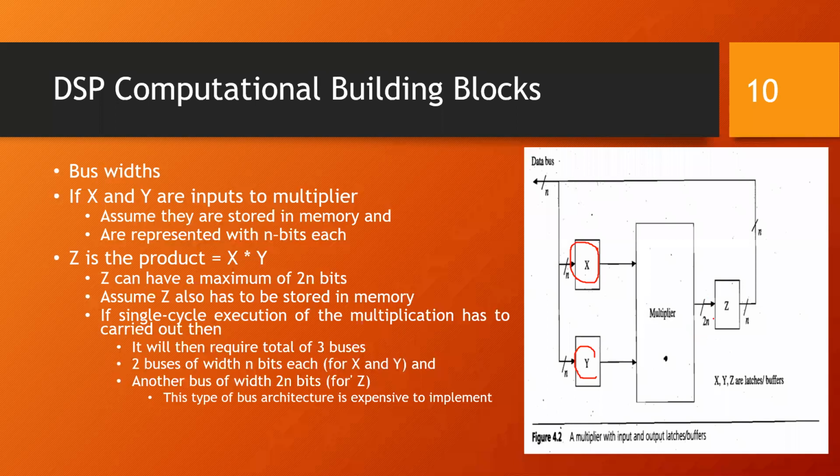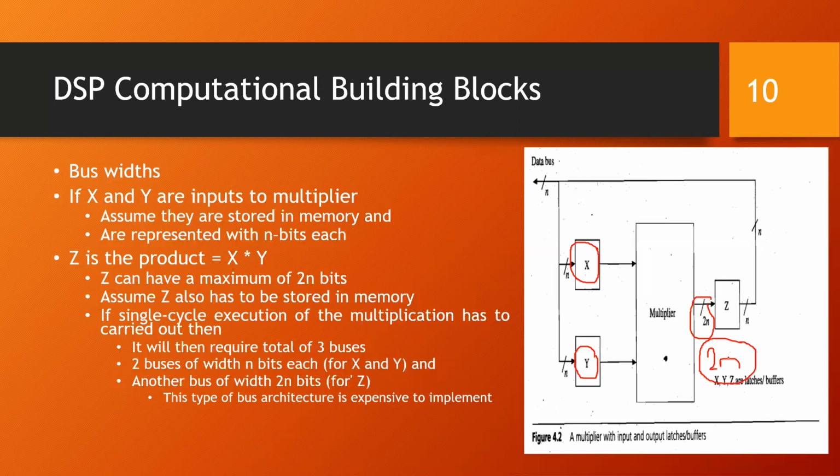But to store the result, if I just observe, I would require a bus of width 2n bits. I can give the bus width with 2n bits, but what is the problem with this case? You are increasing the cost of overall implementation.